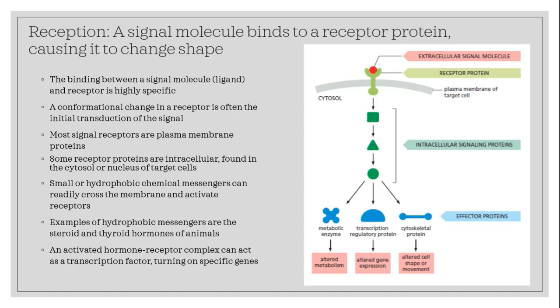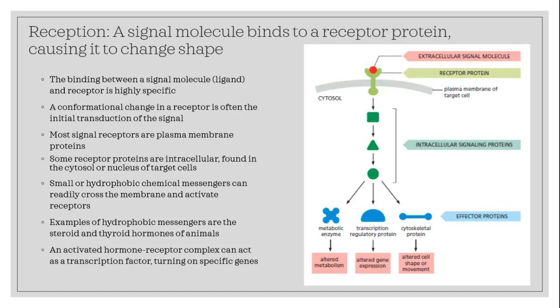Based on these two types of ligands, there are two types of receptors. The water soluble ligands bind to the membrane receptors, which are present on the membrane, whereas these hydrophobic lipid soluble molecules bind to the intracellular receptors that are present inside the cell.